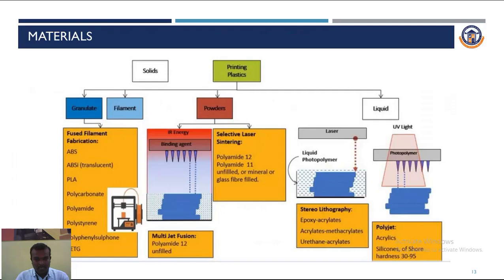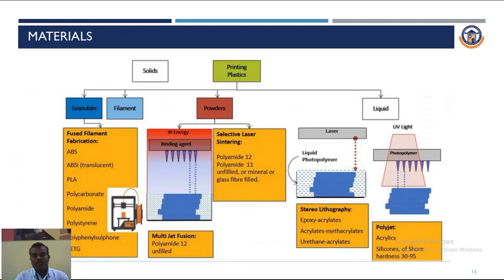For liquids, epoxies, silicones, and acrylics can be used, that is silicone-based materials, for liquid 3D printers, because we pass ultraviolet rays and the raw material is cured. So most of them use silicone-based liquid resins. They can be used in SLA, binder jetting, or metal jetting.